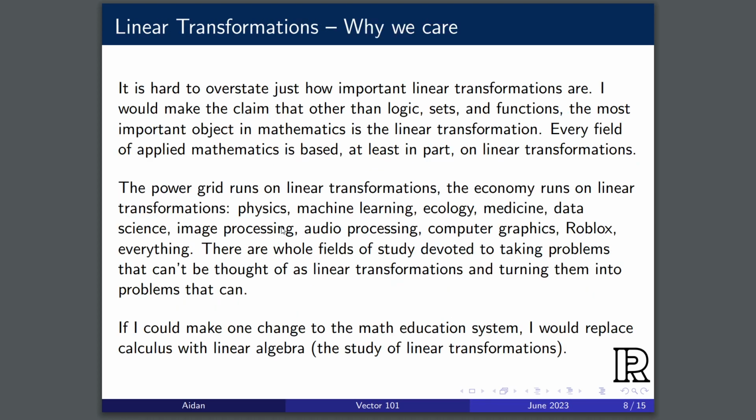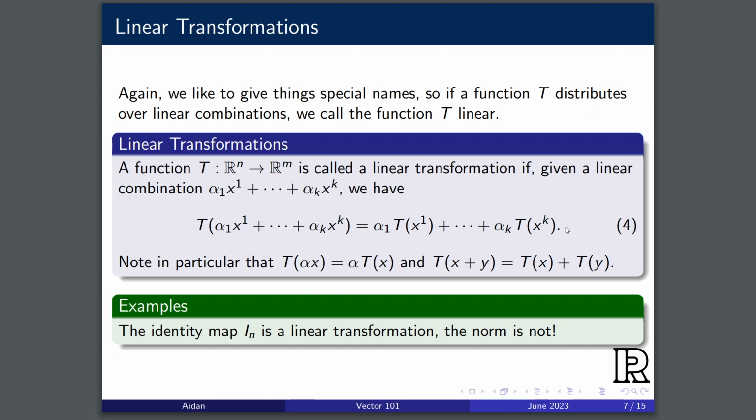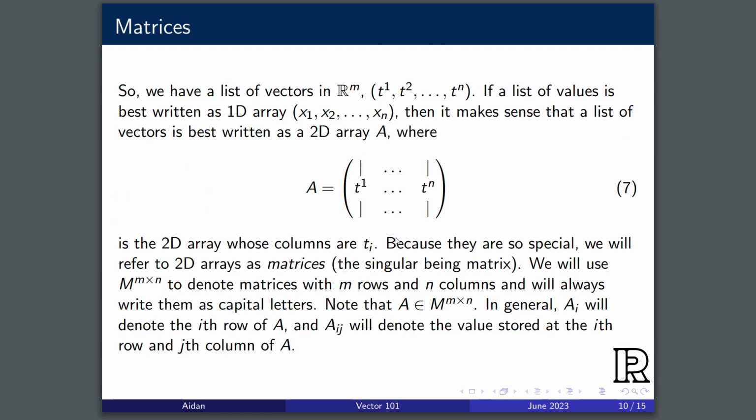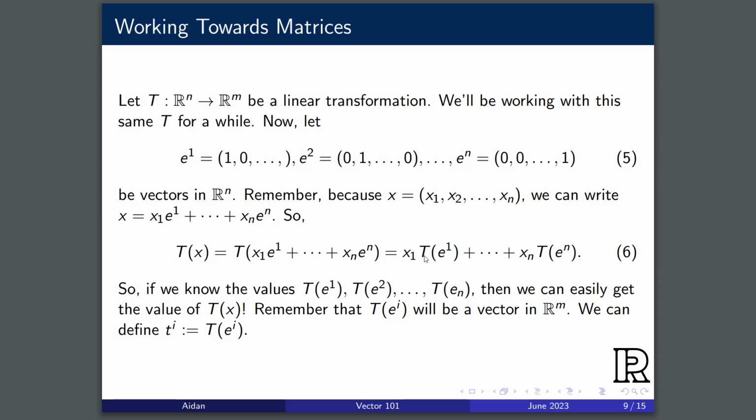And then by the property that we showed of what it means to be linear, we can distribute this T. So this T goes to e1, goes to e2, goes to e3, goes to en. And so we end up with a linear combination of these T of ei's.